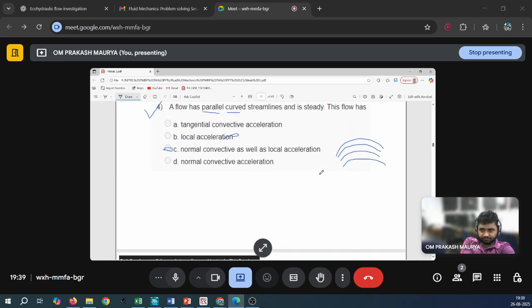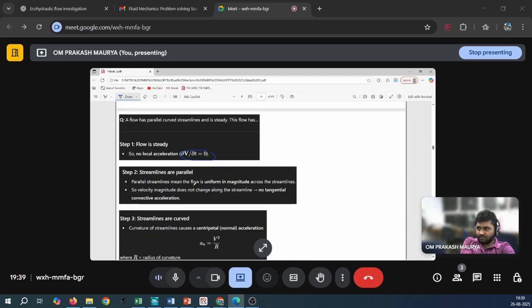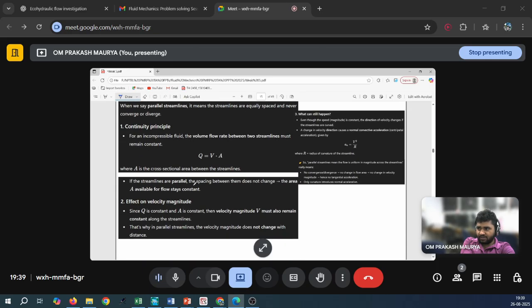Meaning if the flow is parallel, whatever flow is going in this direction, here is one discharge, here another discharge. So this statement is talking about the volume flow rate between two streamlines, which must remain constant.